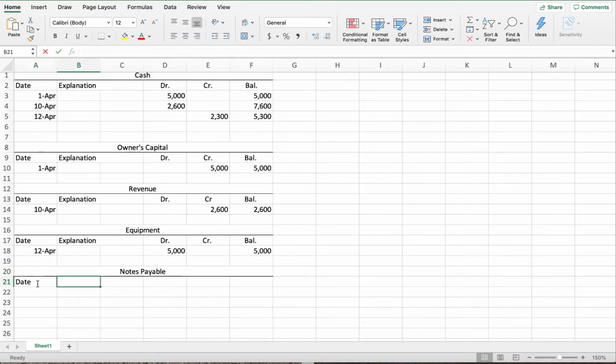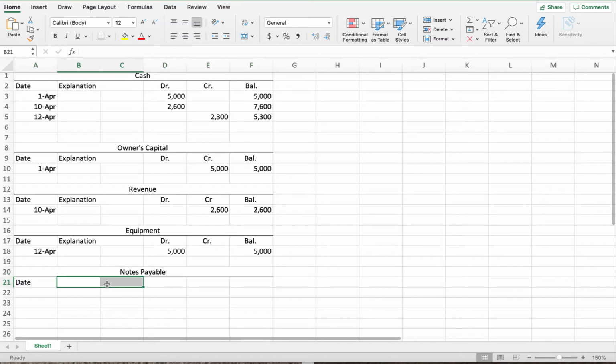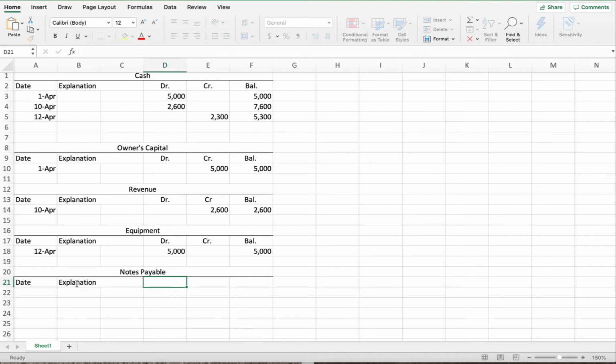Type in my date. Explanation, debit column, credit column, balance column. Again, I'm a little nerdy. I want these to be centered and look nice. So on 4/12, we increase the liability.